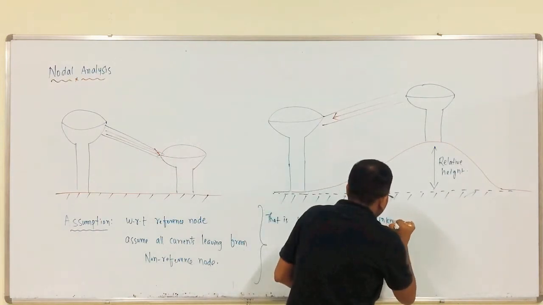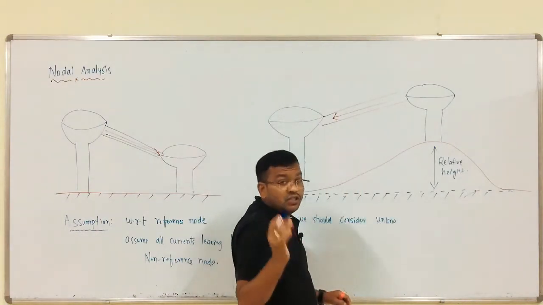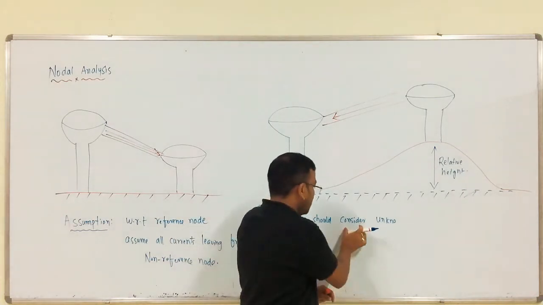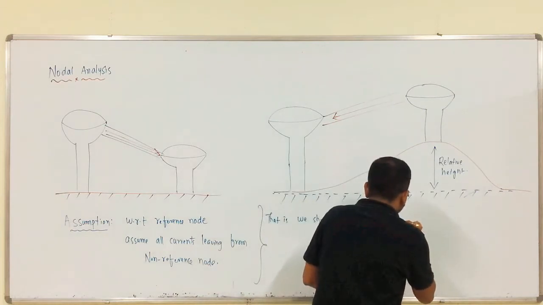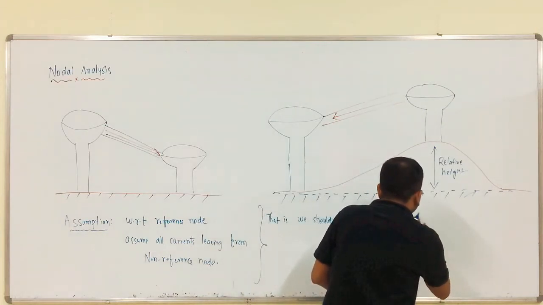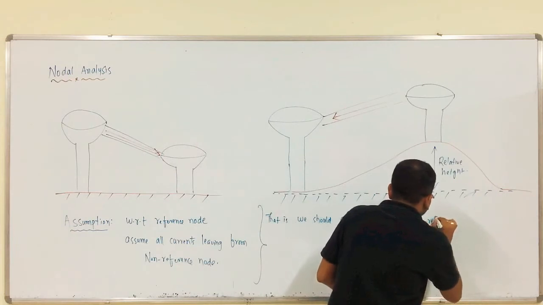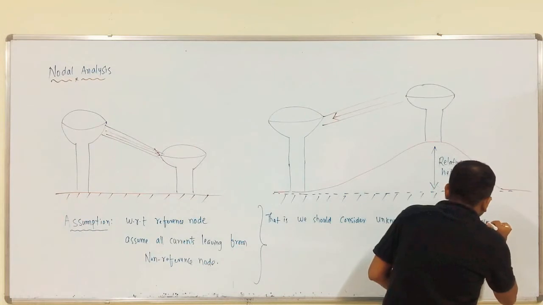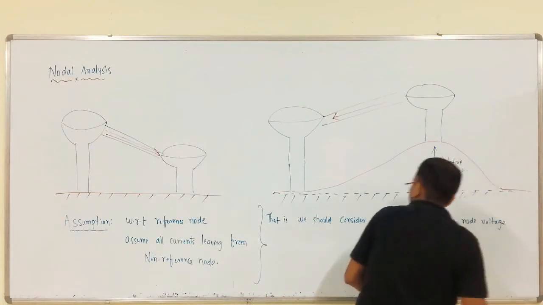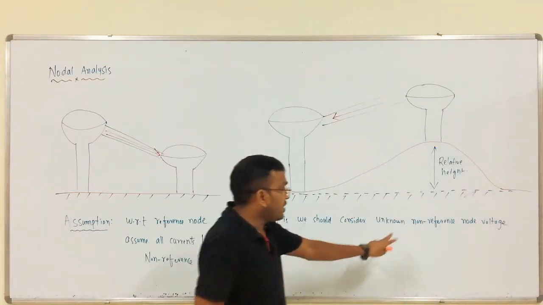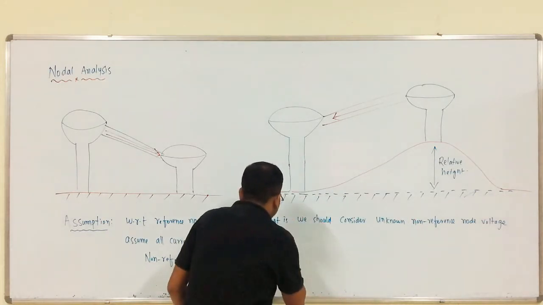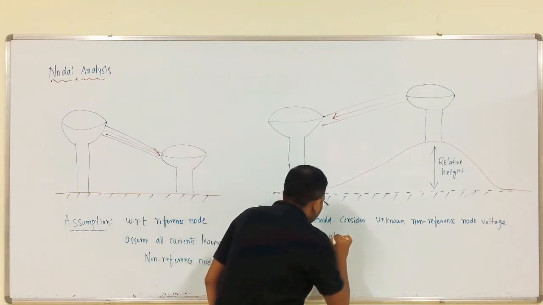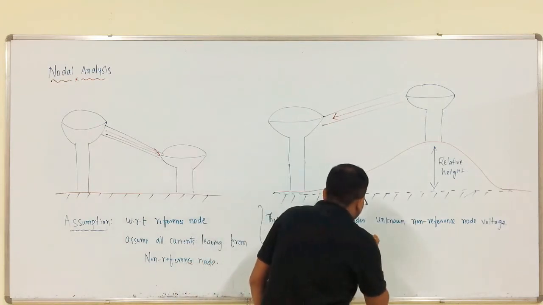We do not know the exact value of the node voltage. We cannot judge the exact node voltage initially itself. Okay. Consider unknown non-reference node voltage more than the other voltages.